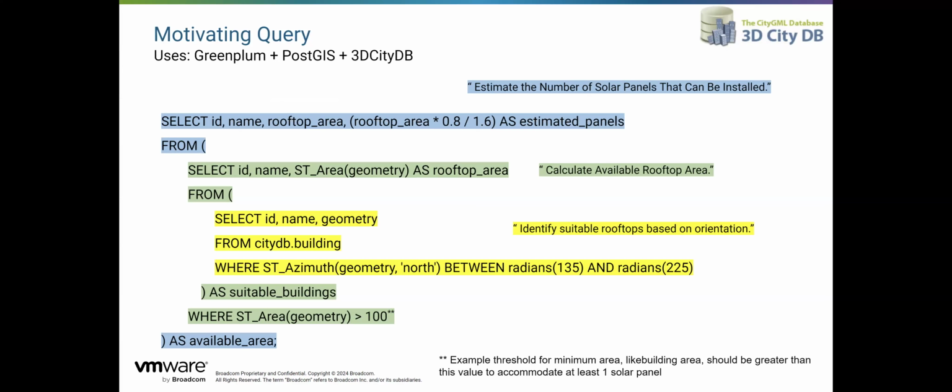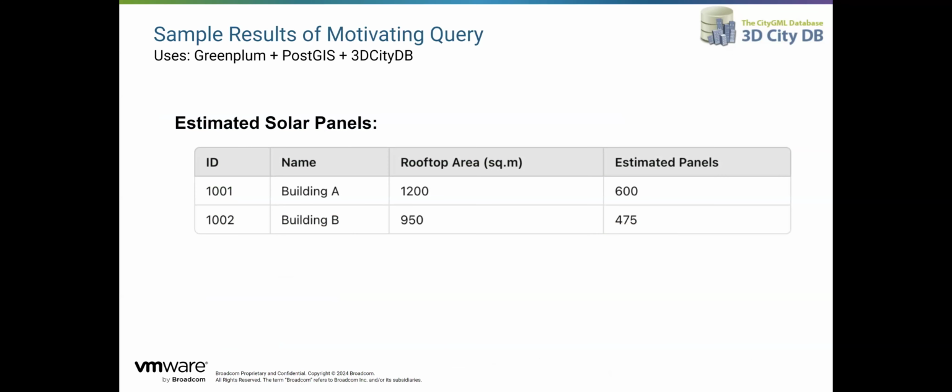I'm not going to walk through the query, but basically it's leveraging the information in the 3D City schema to identify suitable rooftops based on the direction they point and the size of the rooftop, and then filtering them using PostGIS and other geospatial filters to come back and say, okay, these are the good buildings, right? So we've gone from generic locations to rich information within the city.